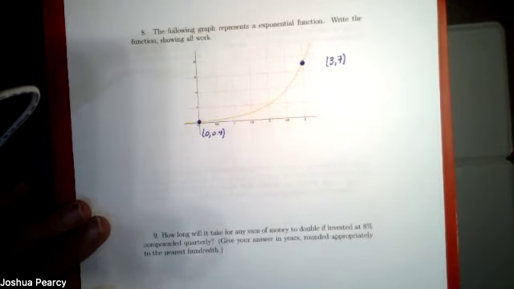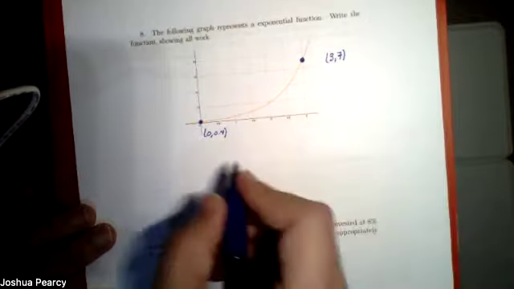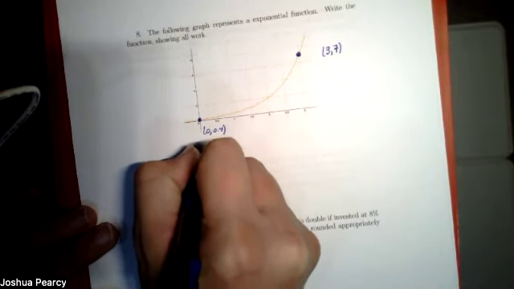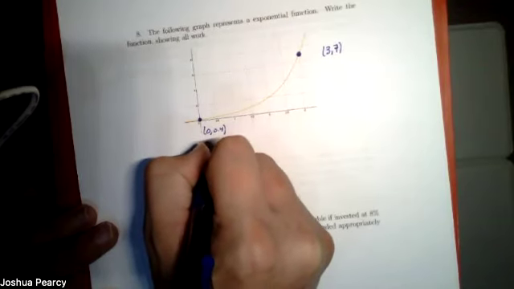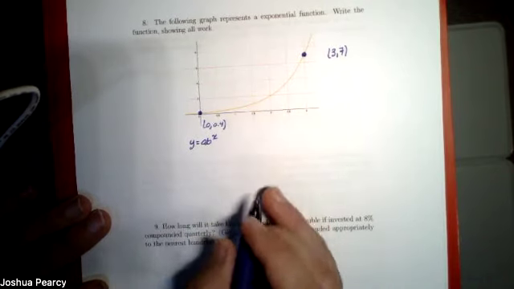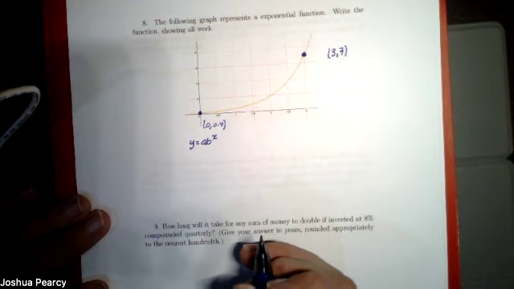What we're going to do first is remember what an exponential function looks like. An exponential function looks like y equals a times b to the x power. So what we want to do is use these ordered pairs to write something like this and solve for what's a and what's b.